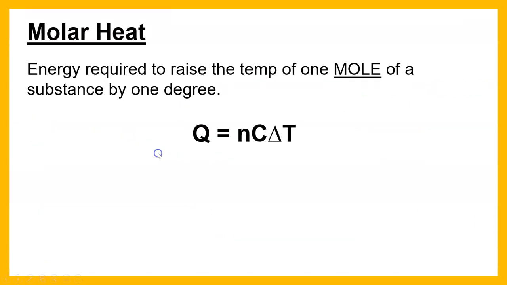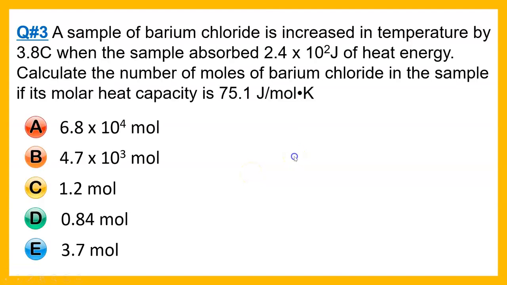All right, next let's do a molar heat. We will use NCAT, N for moles. So pause the video and give this one a try. All right, we're told what the temperature change is.